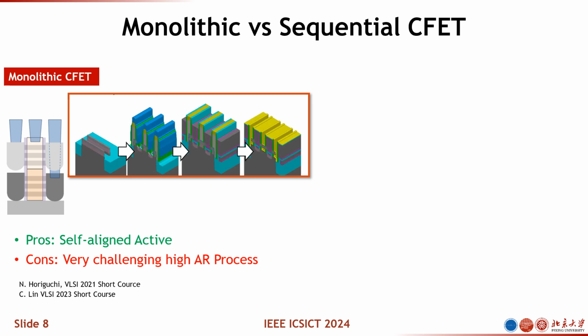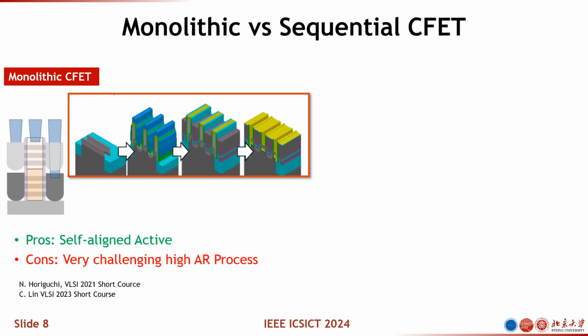However, the problem of this approach is that it requires a lot of high aspect ratio processes. You need to do the epi and the gate formation within a very, very narrow trench, and you are relying on timed etch to realize the separated processes for the N and P stacked on top of each other.